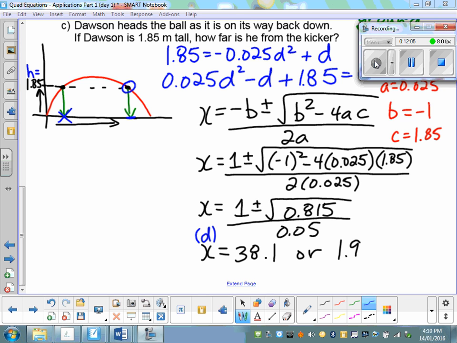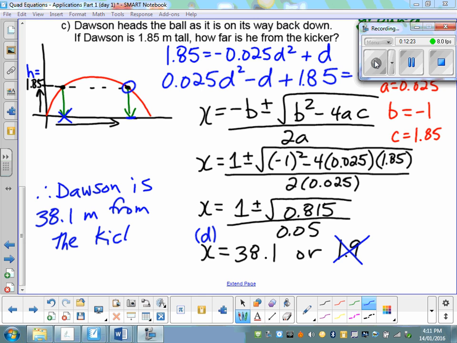So in this case, we're not going to use the 1.9, we're going to use the 38.1. So therefore, Dawson is 38.1 meters from the kicker. And that's our solution for that.